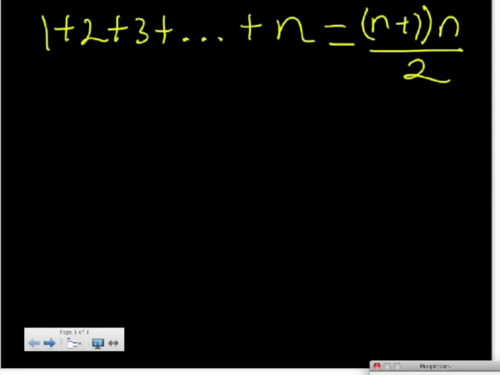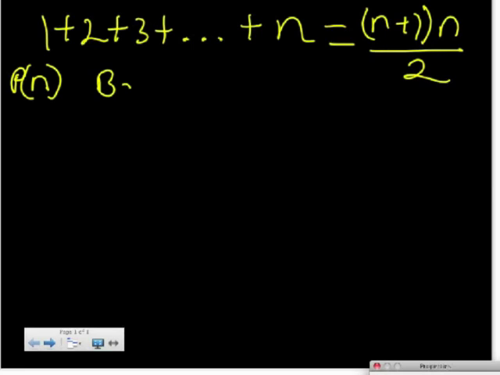The sum of all consecutive integers, 1, 2, 3, all the way to n, is equal to n plus 1 times n over 2. To do this proof, we're going to first start out with our base case. Let's call this function P of n.